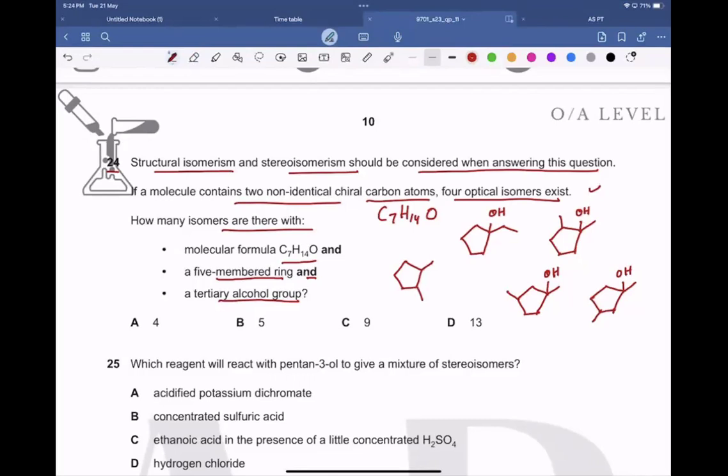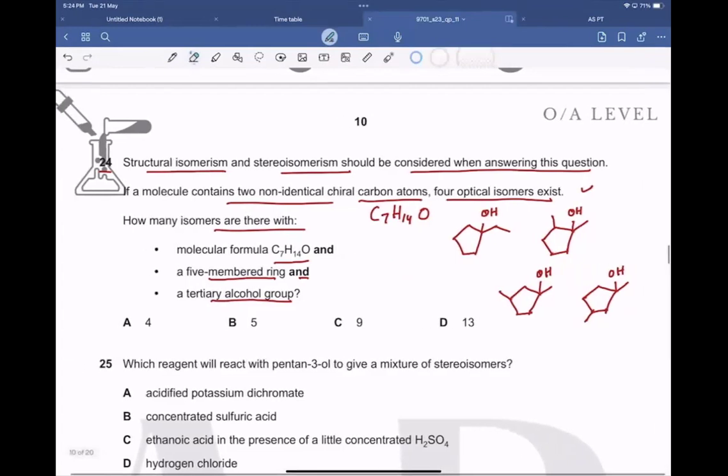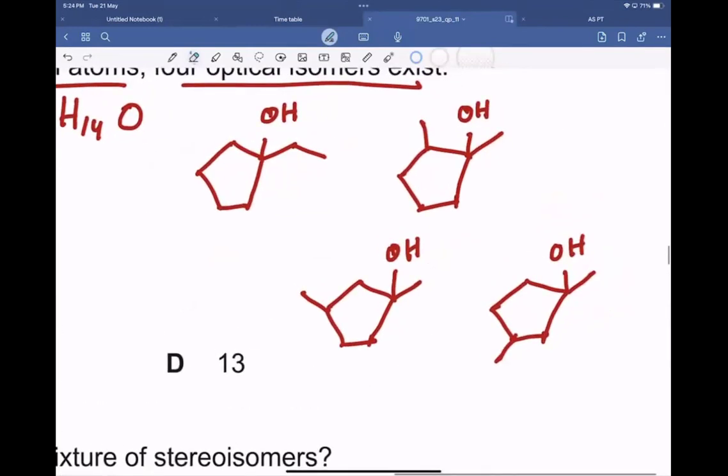Okay, there is one more very important thing. These four, if you look closely, all have one chiral center, so they all are going to show their mirror image.